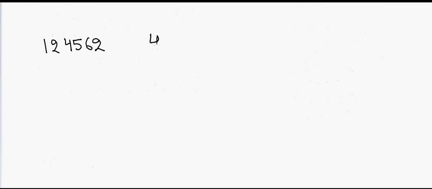In that case what I have to do is look at the last two digits, to see if they are evenly divided by 4. So 62, if we try to divide 62 by 4, I'll get 1, and then I have 22 left. So that is not evenly divided by 4. So this number cannot be evenly divided by 4.